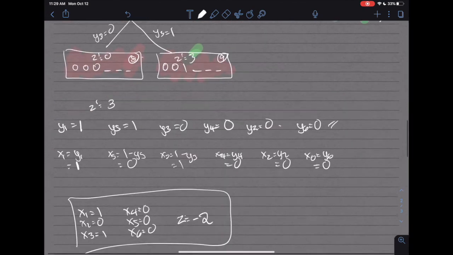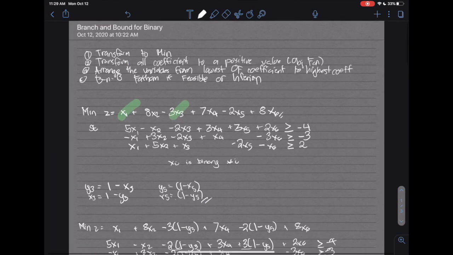Let's just double check the feasibility. Then x1 and x3. 5 minus 2 is greater than or equal to negative 4, yes. Negative 1 minus 2 is greater than or equal to negative 3, yes. 1 plus 1 is greater than or equal to 2, yes.